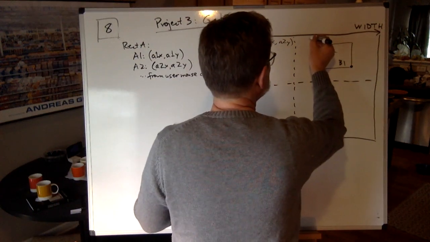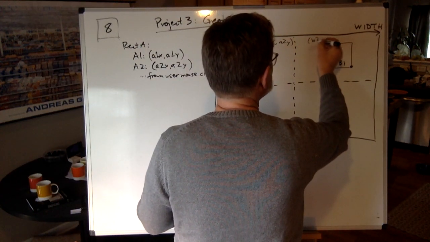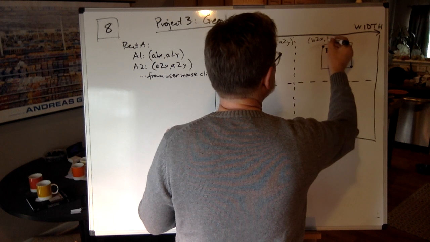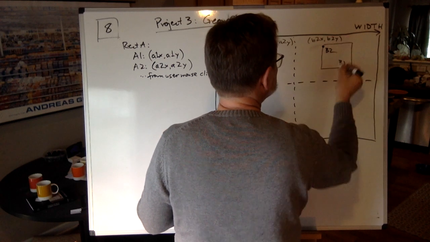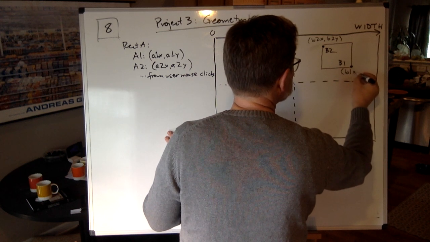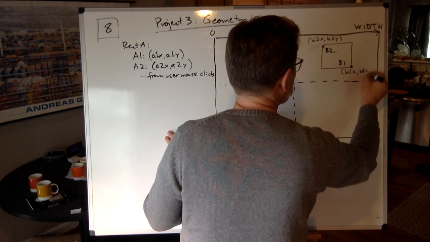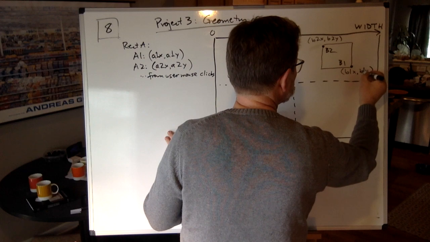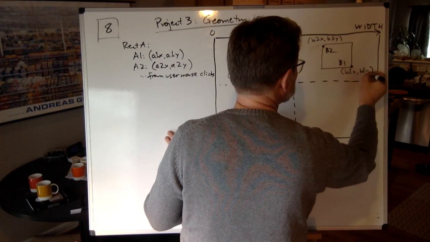What could be simpler? This will be B2x, comma, B2y. And this will be B1x, B1y. Make those look a little more like ones, a little less like L's.